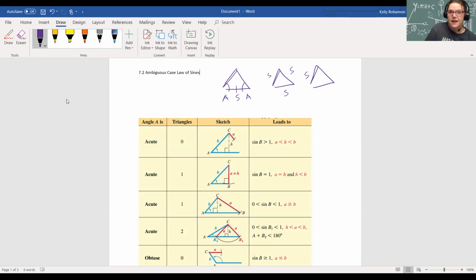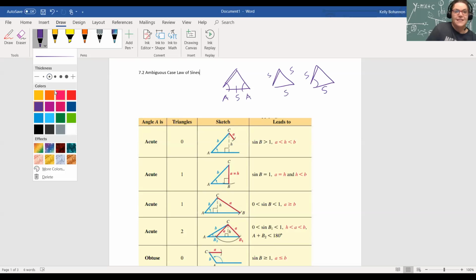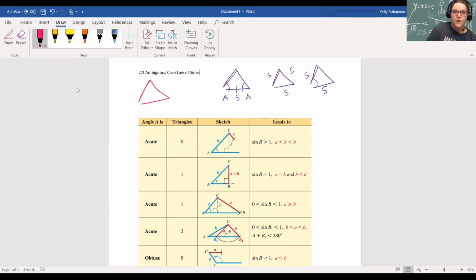And there was side, angle, side: two sides with the included angle. One congruency that did not exist was side, side, angle. Or if you read it backwards, that does not exist in geometry.